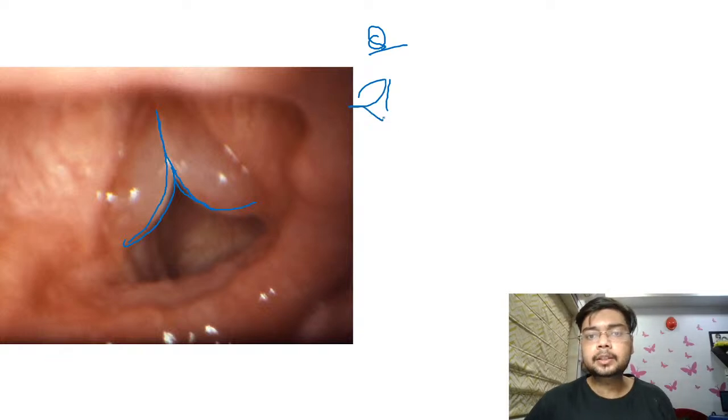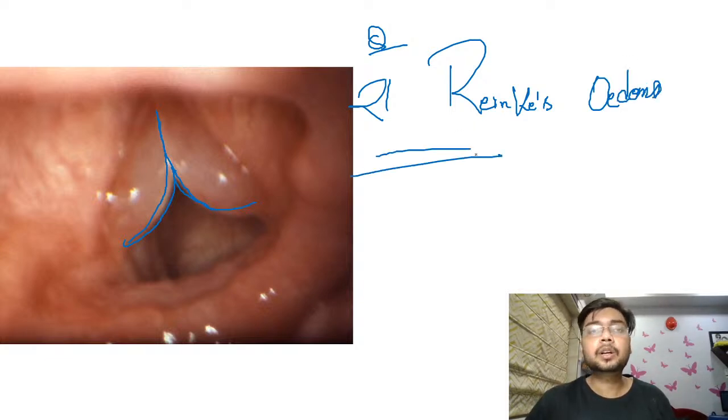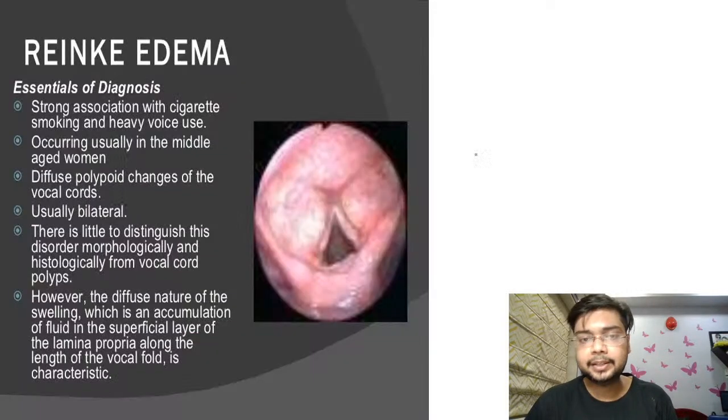So what condition can this be? Yes, I can see. It can be Reinke's edema, right? This condition is called Reinke's edema, where fluid gets accumulated in Reinke's space. What you need to know is there is a strong association with cigarette smoking and heavy voice use.